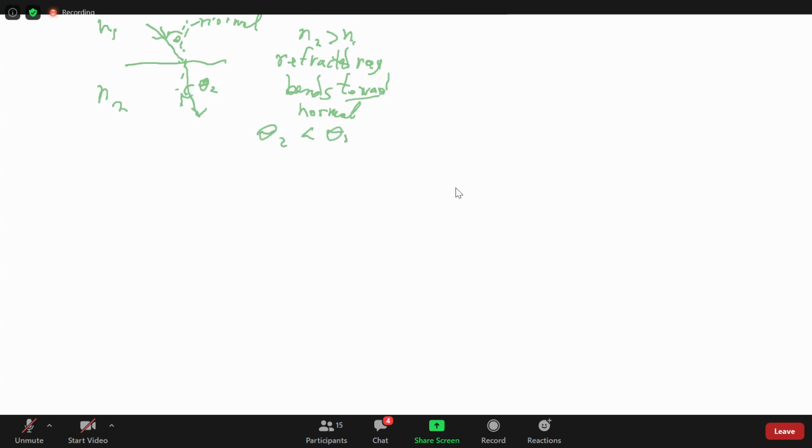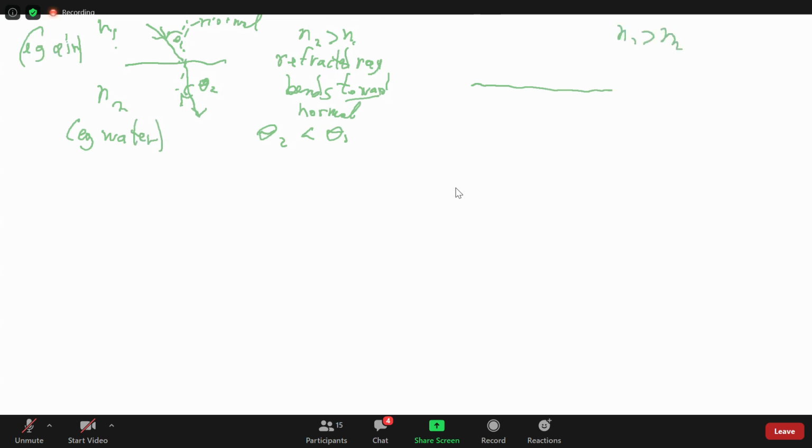Okay, suppose we do it the other way around. Let's say, for example, the medium above was N1, air, and the medium below was water. Suppose we do it the other way around, just as an example, where this would be water, and this would be air above. Well, the index of refraction of air is approximately 1. It's only in the 4th decimal place that you actually see a non-zero. Now let's have N1 bigger than N2.